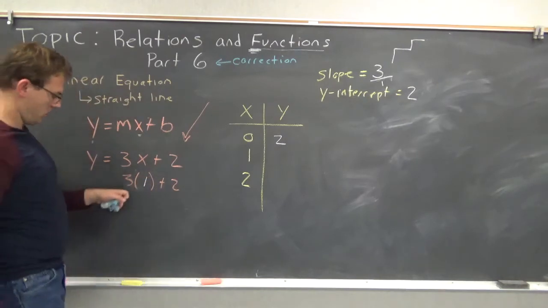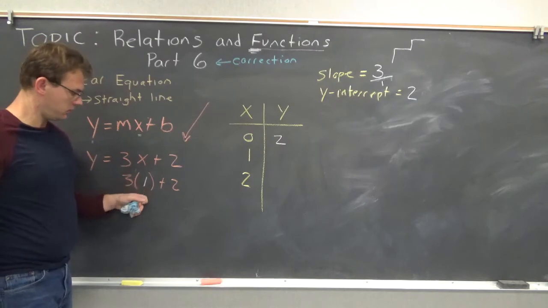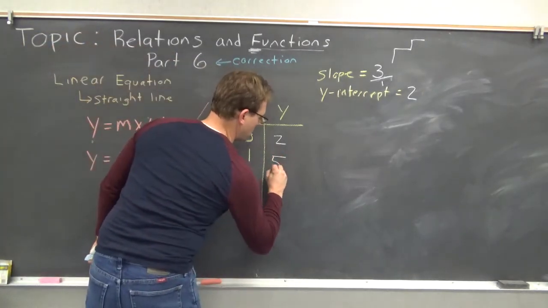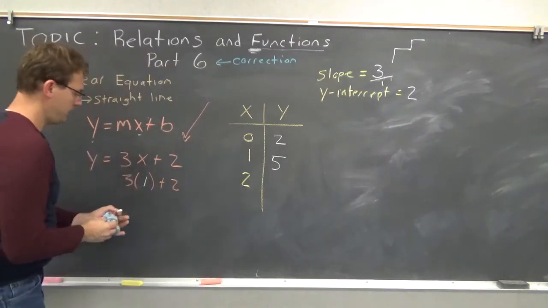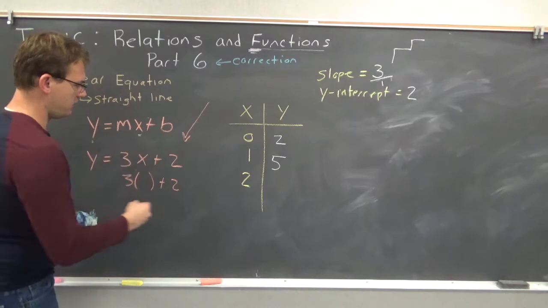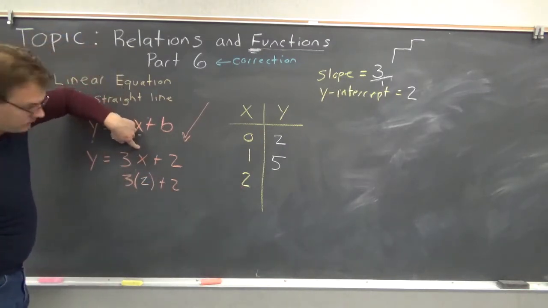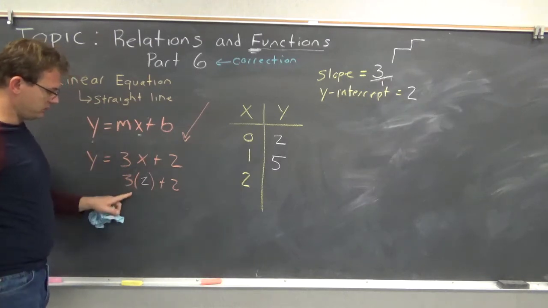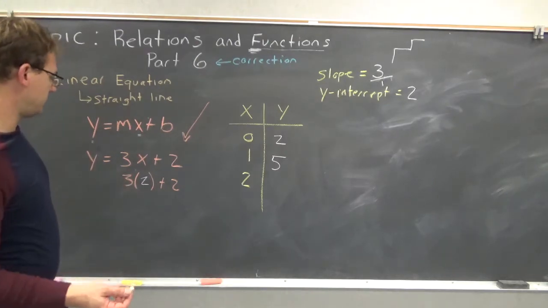Put 1 in. What's 3 times 1? 3 plus 2 is 5. Okay. Now, what if we take that out and now replace x with 2? We have 6 plus 2, which is, let's see, 6 plus 2 is 8, right?